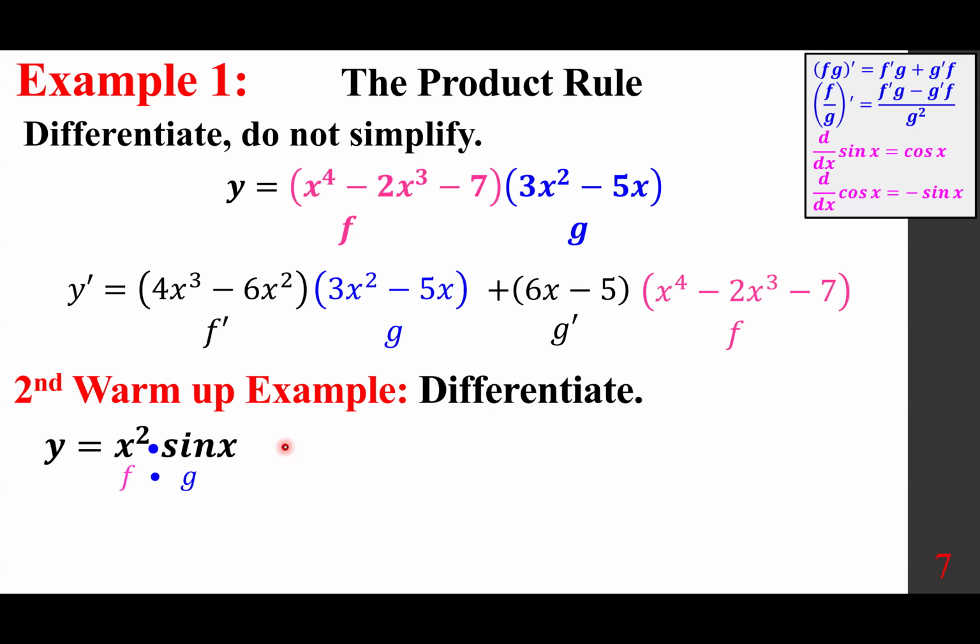So I need f prime g. So f prime is 2x times g, sine x, plus g prime. The derivative of sine is cosine times f, the first function, which is x squared.